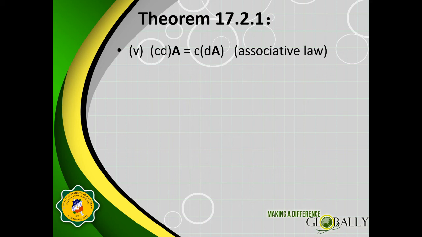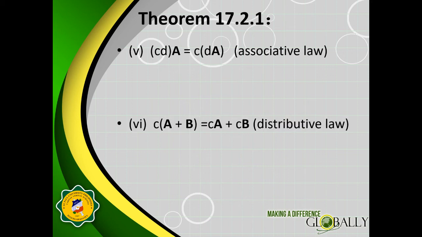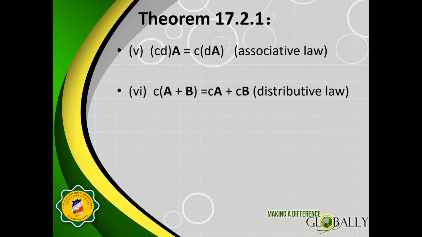We call it the associative law. 6. c times the sum of A and B equals cA plus cB. We call it the distributive law.